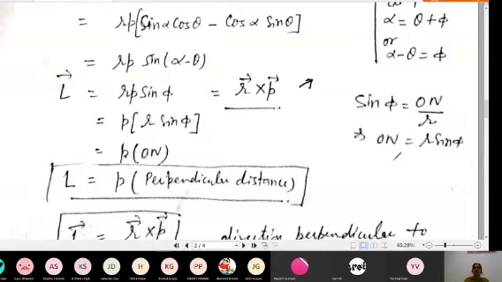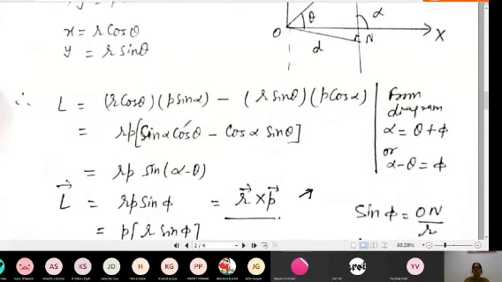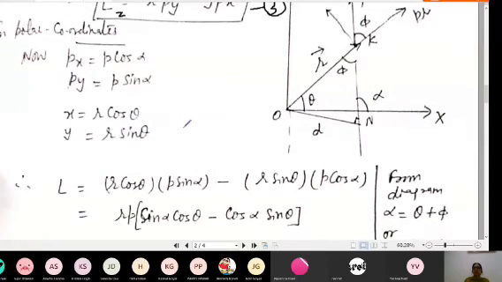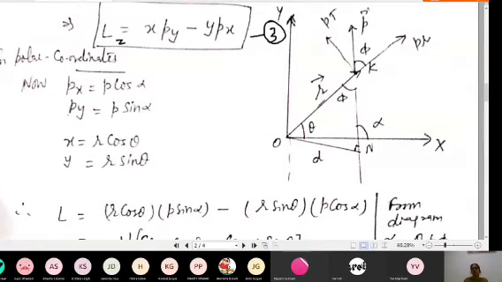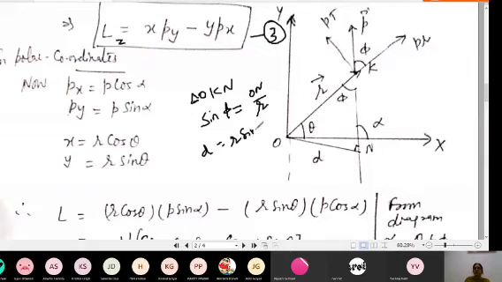Another thing: when I write this formula with r sine phi, from this diagram, which you must all draw, it is very important, taking the same triangle OKN, the value of sine phi is given by ON divided by r, so ON, which is d, equals r sine phi.